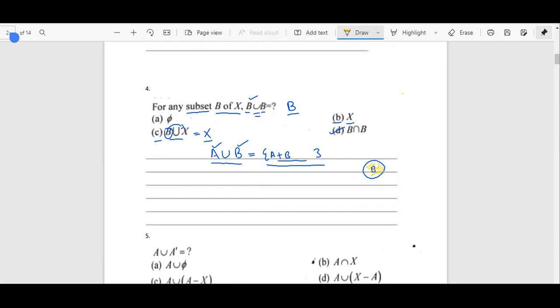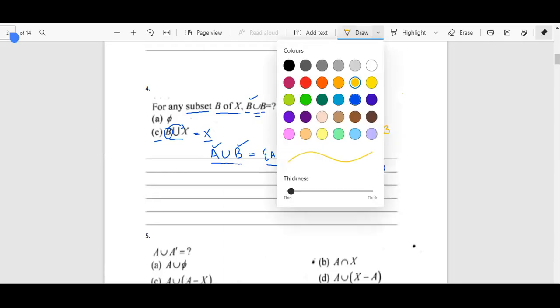I am going to get this whole yellow thing. So this is basically B, right? So I knew that B union B is B and B intersection B is also B. So this means that D would be the answer. Okay, we are done with this as well.